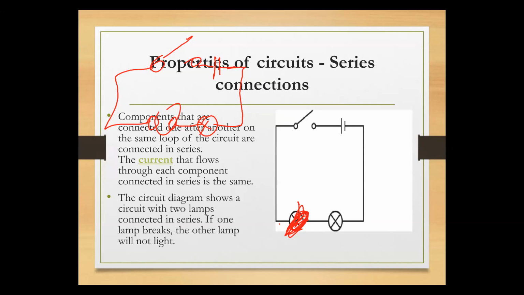So if this one is broken, that's an open circuit, which means electricity doesn't flow through. Hence, this one will also not light if this one is broken. Vice versa, if this one is broken, this one will not light. That's the problem with the series connection. If one breaks, the other won't work. But it's different with the parallel connection.